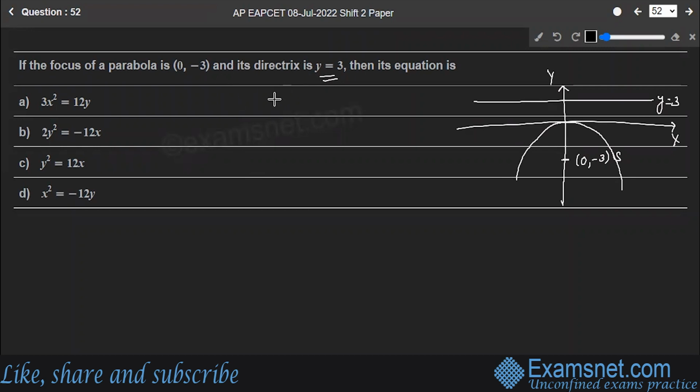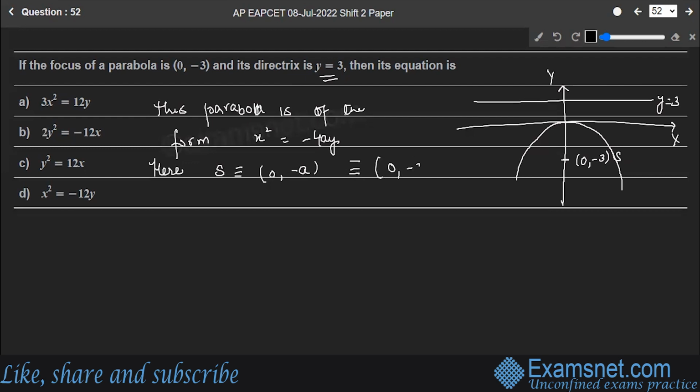This parabola is of the form x square is equal to minus 4ay. Here S is given by (0, -a), and in this question we are given that as (0, -3). That means a is equal to 3.